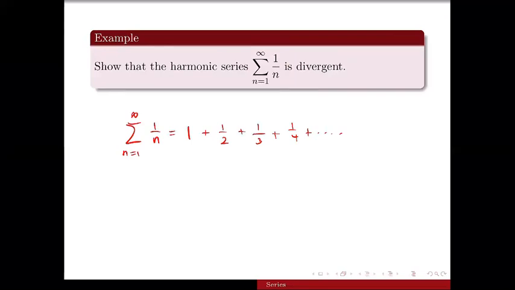Meaning, if we use the sequence of partial sums, we will get plus infinity when we take the limit of that sequence of partial sums.